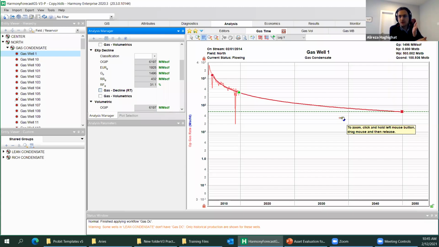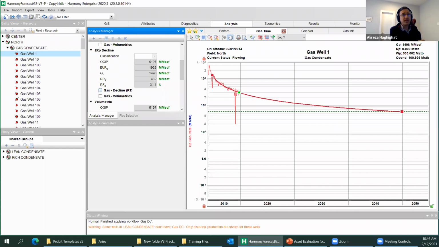So ratios are changing in a more, you can characterize the change of the ratios easier compared with decline curve analysis. And I'll show you how you can do that.